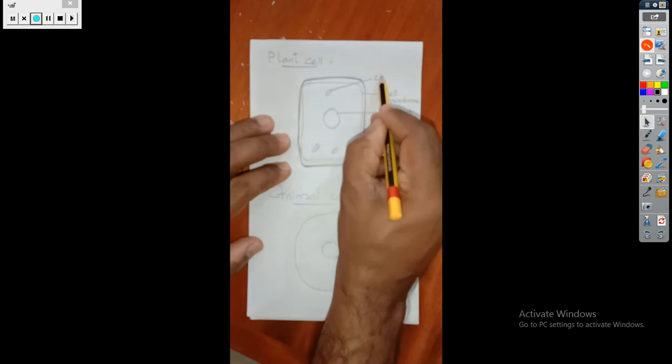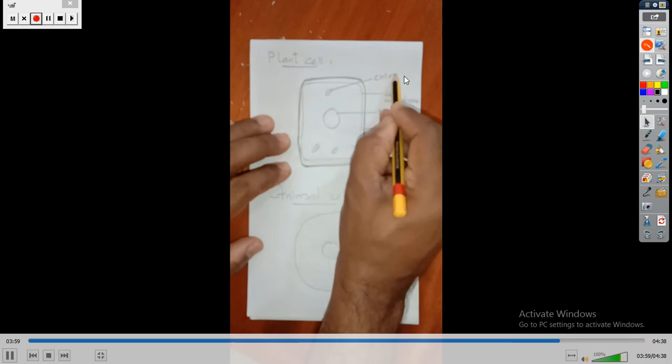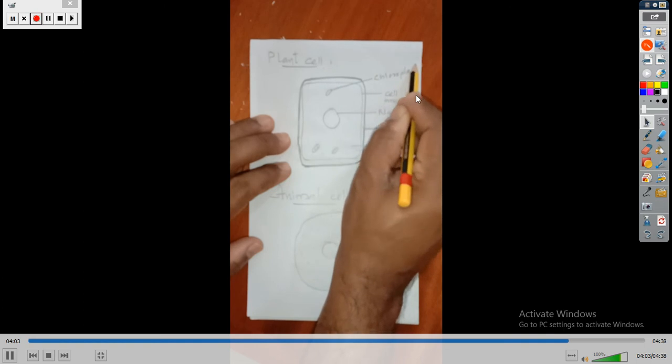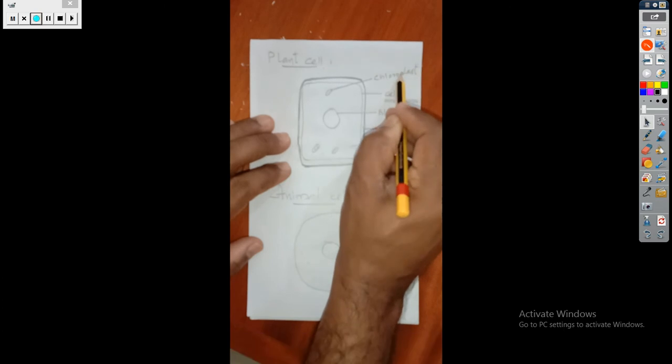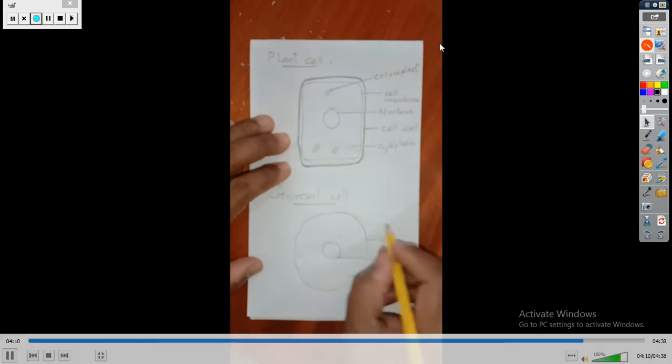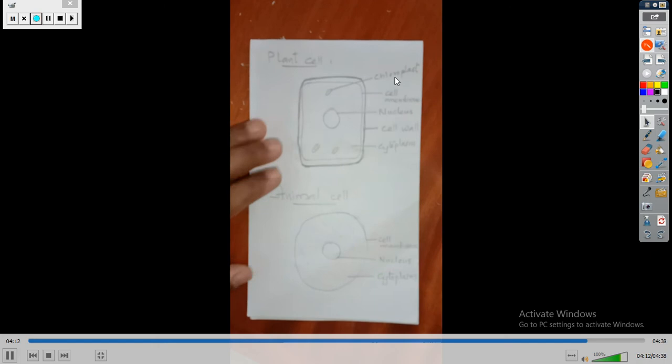Then coming to one more structure I am drawing in the plant cell that is absent in the animal cell, that is the chloroplast. Photosynthesis is done by the chloroplast or chlorophyll. Inside the chloroplast it has the chlorophyll chemical. The chloroplast is present only in the plant cell.